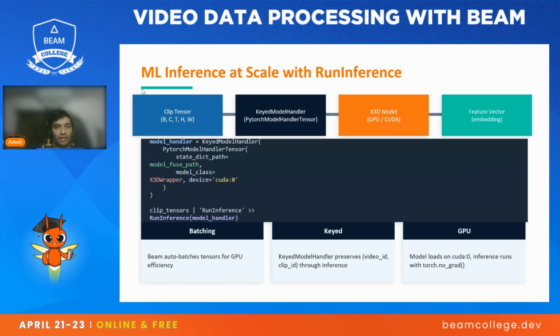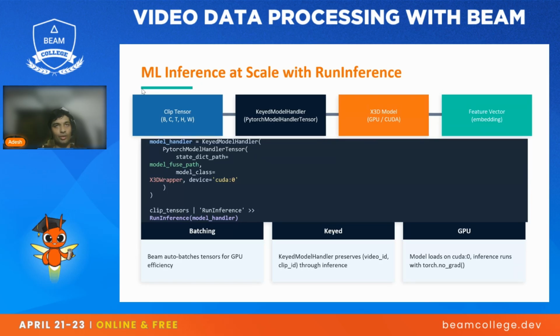So let's look at the code snippet on the screen. The keyed model handler, which we saw, will track the video ID, clip ID, and frame ID. Then the PyTorch model handler tensor, as we are using a PyTorch model. Then the state dict path, which saves our model weights.